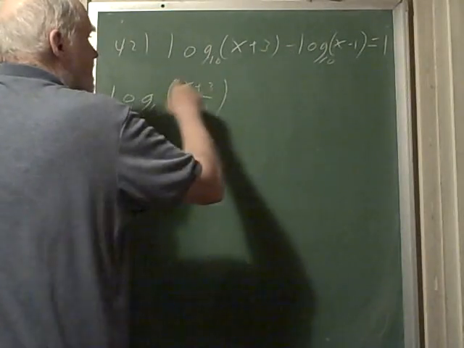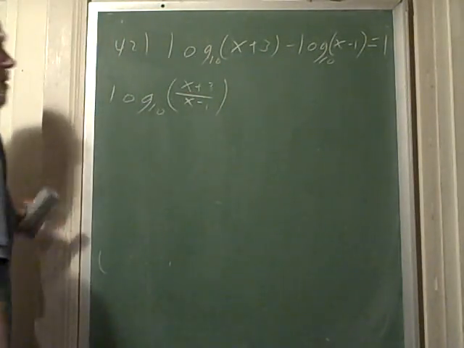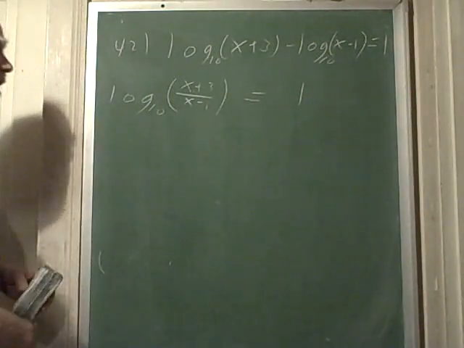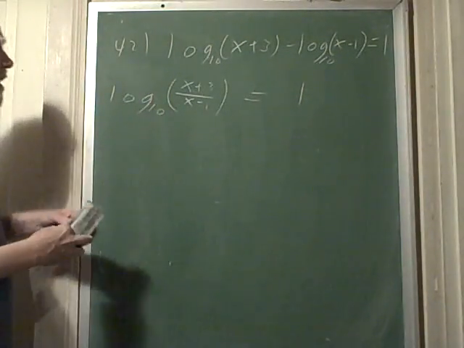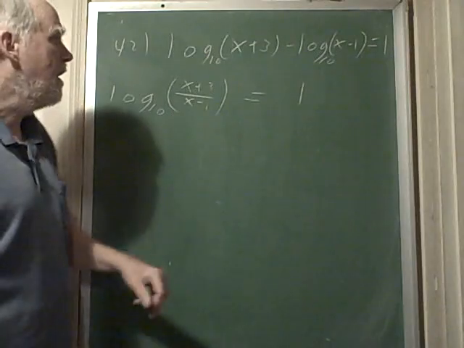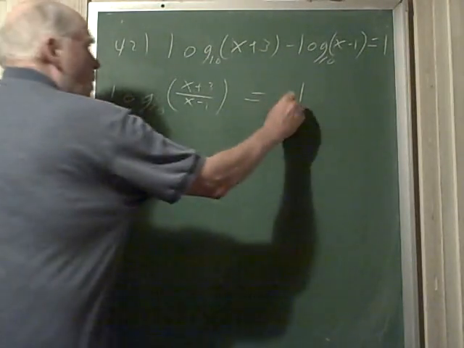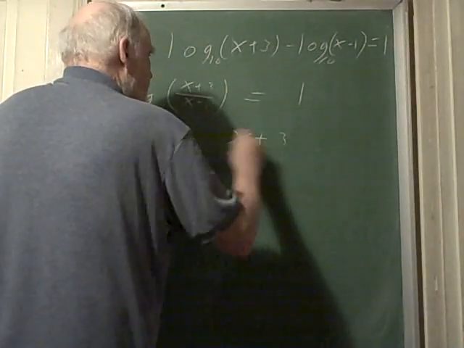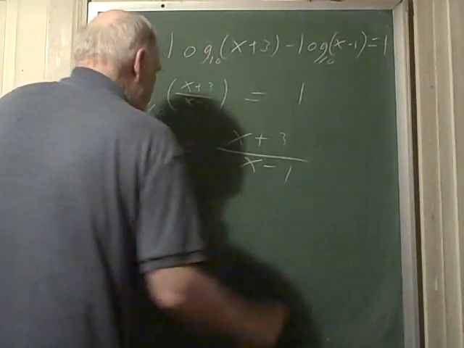Remember, if this were a plus, then we'd have a product, but we don't. We have a quotient here, and this equals 1. Now I have the log of q equals r. So I can immediately go 10 to the 1 power equals x plus 3 over x minus 1.